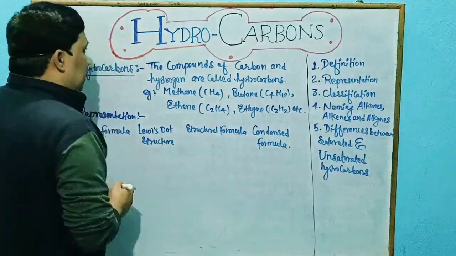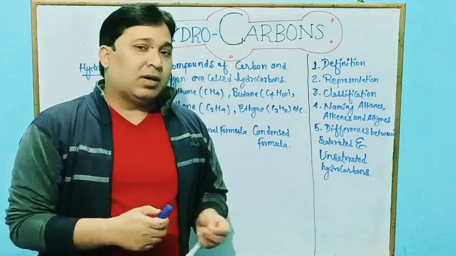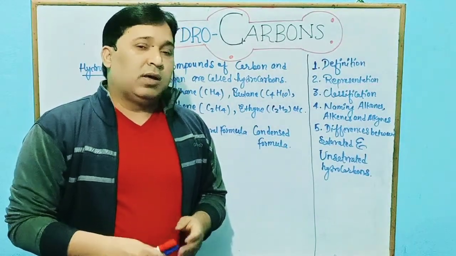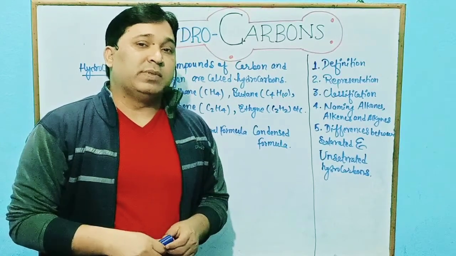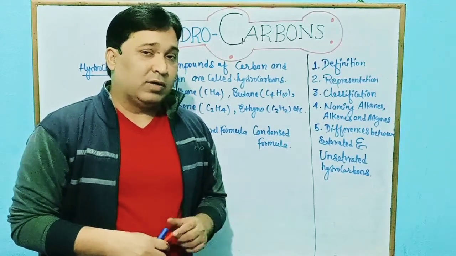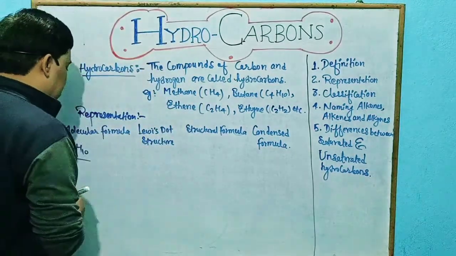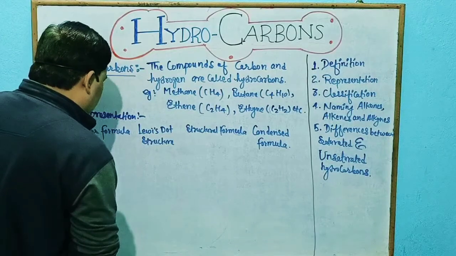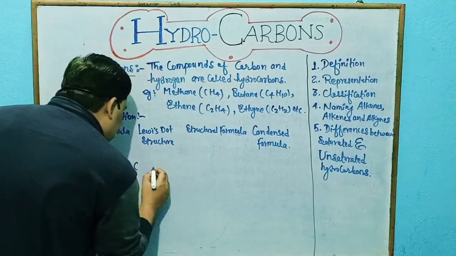Lewis dot structure. In Lewis dot structure, we know that hydrocarbons or carbon compounds are covalently bonded compounds. By Lewis dot structure, we represent the sharing of electrons between the carbon atoms and between carbon and hydrogen atoms. So, butane has 4 carbon atoms.